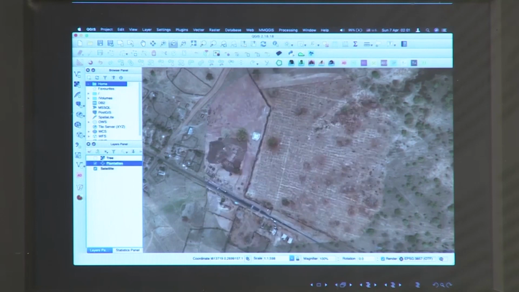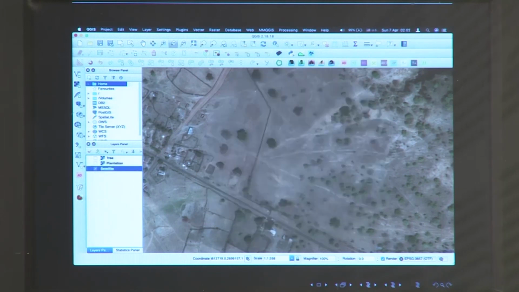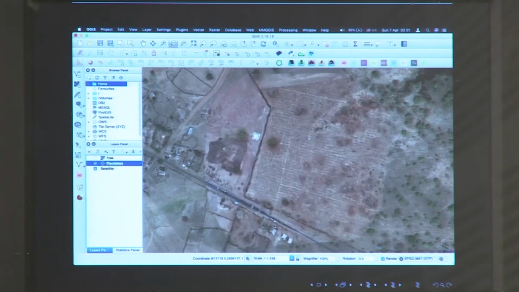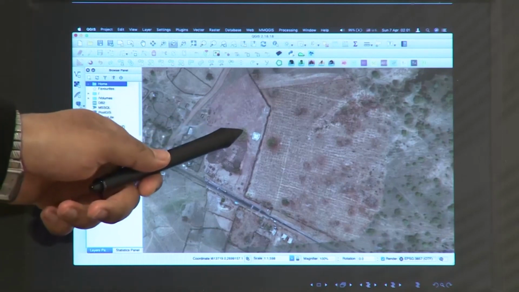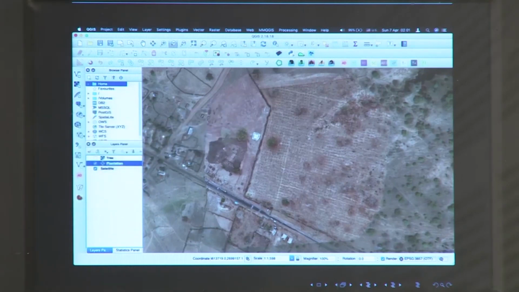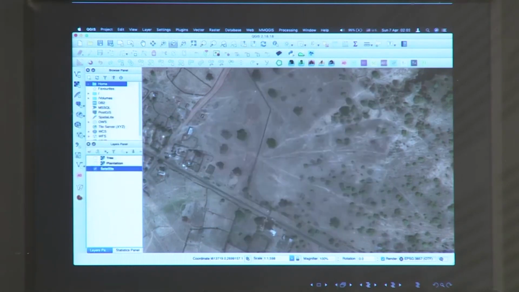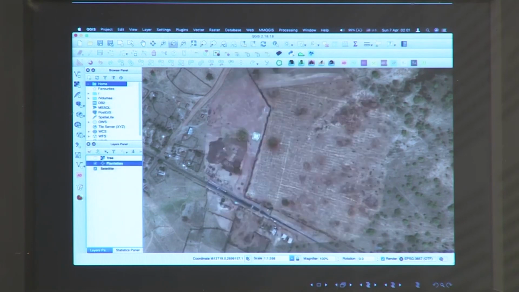Now, you can make use of this information for certain interpretations. For instance, if you look at this point in the drone image, you are seeing that there is some construction. This white spot that has come up was not there in the satellite image. So, probably this construction was done after the satellite image was taken, but before we did this drone survey.